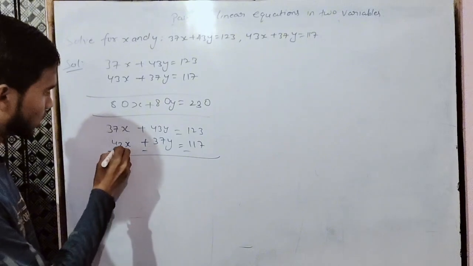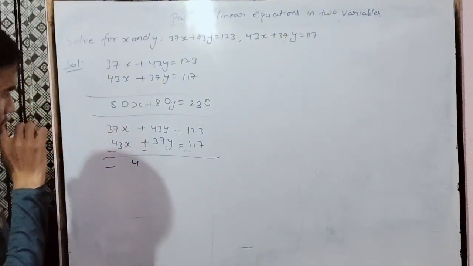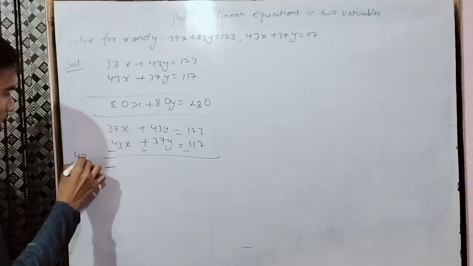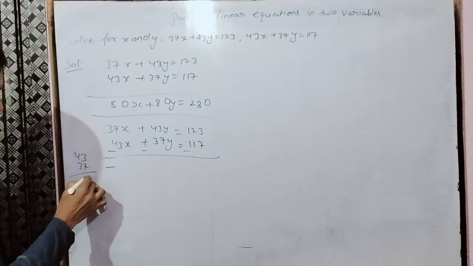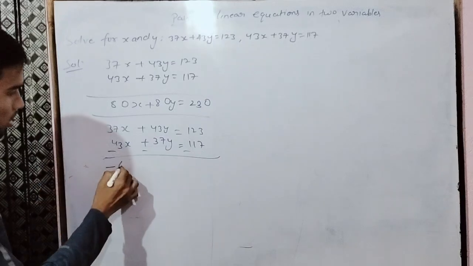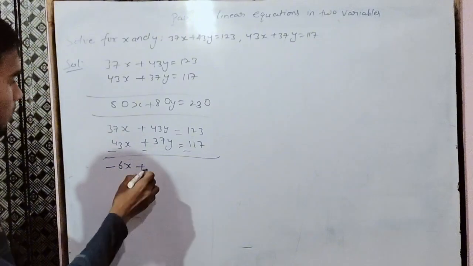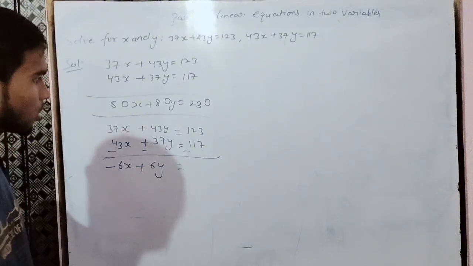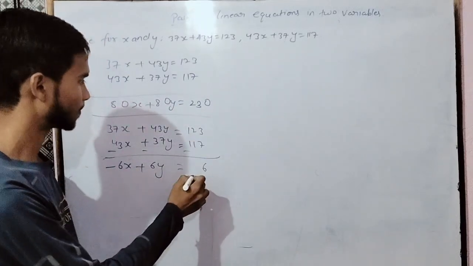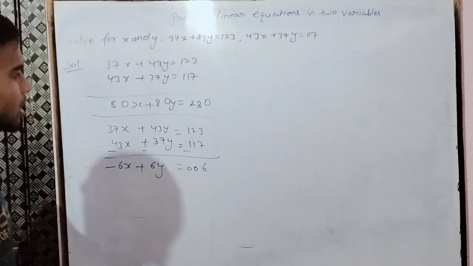So here we will be left with 4, and here you can say 43 minus 37, so 6 and 0, so minus 6x. Here we have plus 6y, and now here we will get 6, okay, 0, okay, 0. So I think only 6.